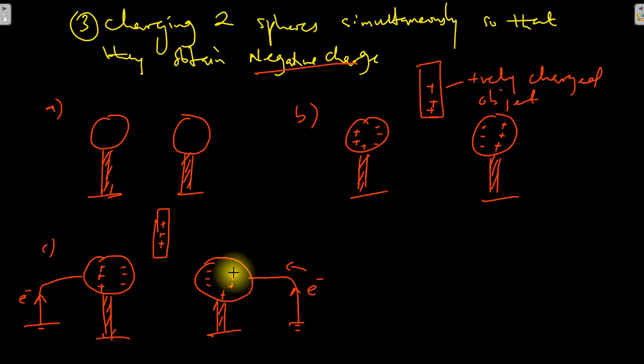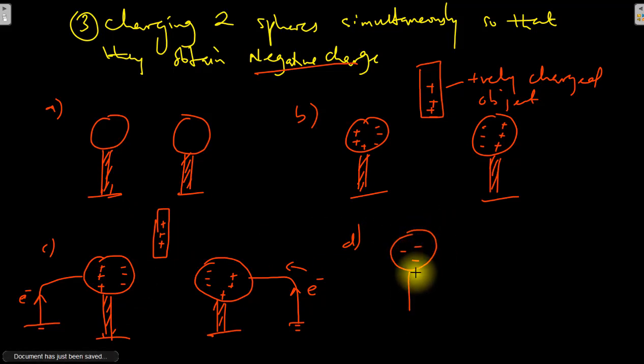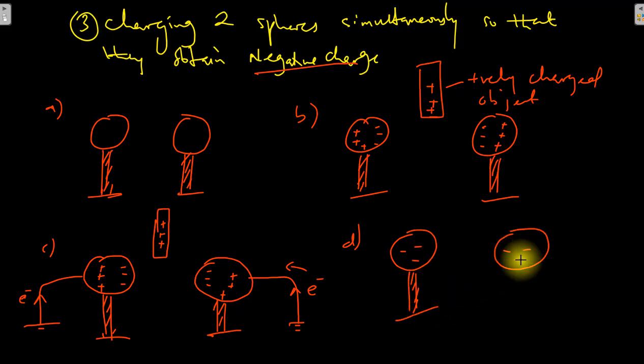Remember, protons do not move, only electrons can move. And lastly, I can remove the earthing and the positively charged body, and I will end up with two spheres that are negatively charged.